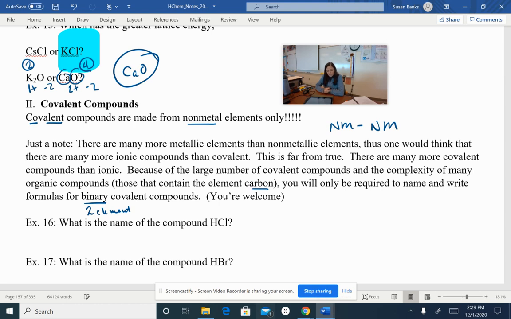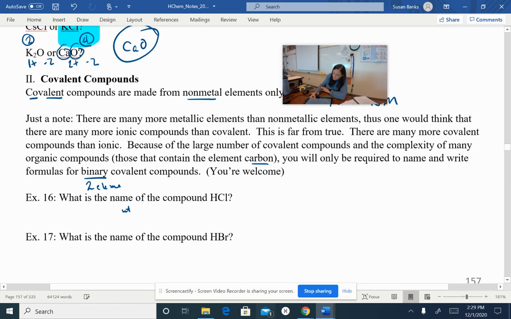In fact, in all the chemistry that I've taken, I still don't know how to name everything. Okay? So, what's the name of the compound HCl? For our covalent compounds, we're going to use a lot of the same naming rules that we have used before. It's going to seem very familiar.